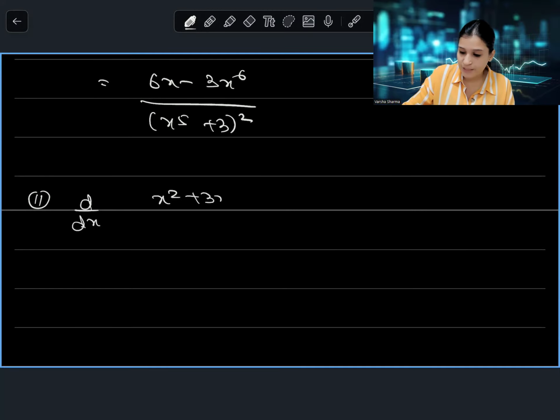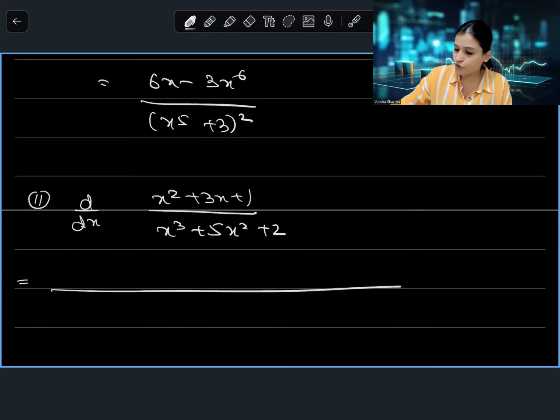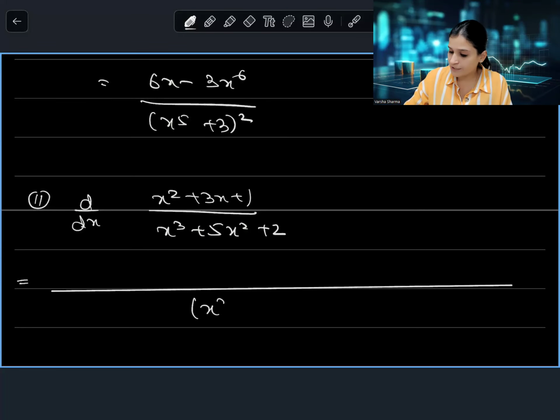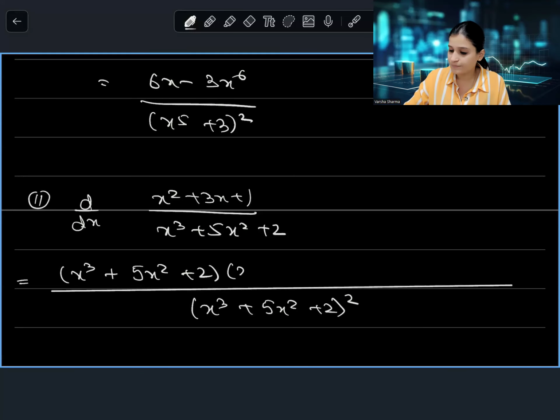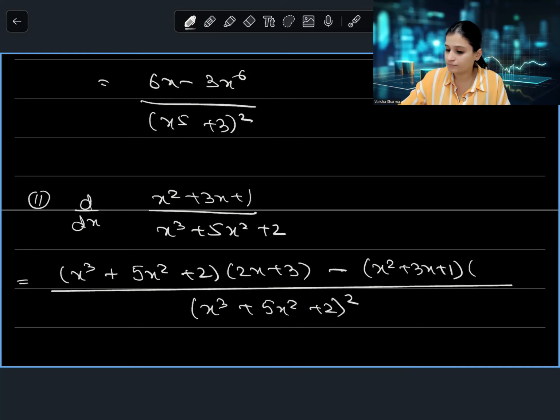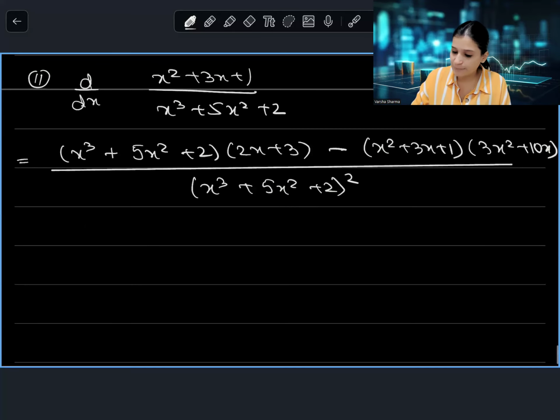d/dx of x square plus 3x plus 1 upon x cube plus 5x square plus 2. Quotient rule. So x cube plus 5x square plus 2 whole square. I leave x cube plus 5x square plus 2. Differentiation of the numerator is, minus, I leave the numerator, differentiation of denominator. Now just multiply everything.